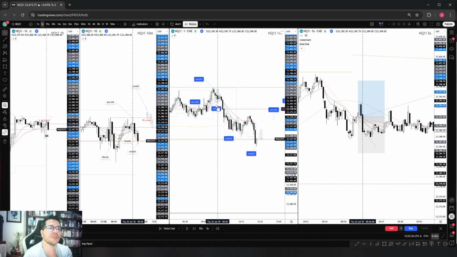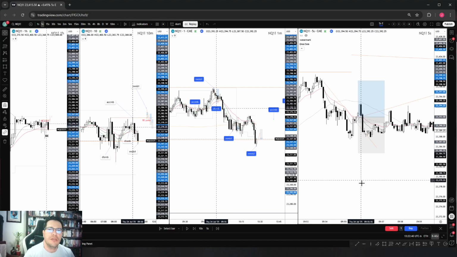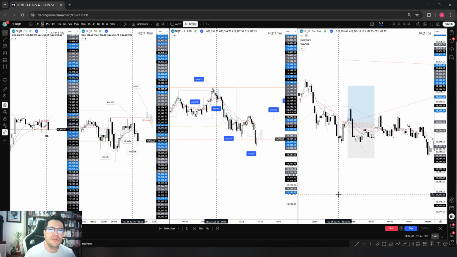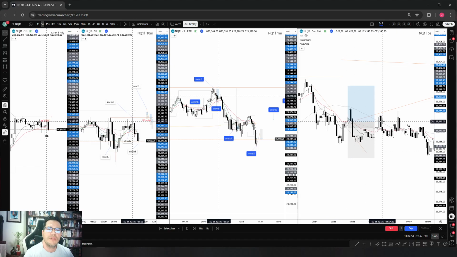Price went to the 20 on MMB1 on our validation, so I was hoping to get that trade, but actually here we had MMB2 was actually below the EMAs, as you can see.